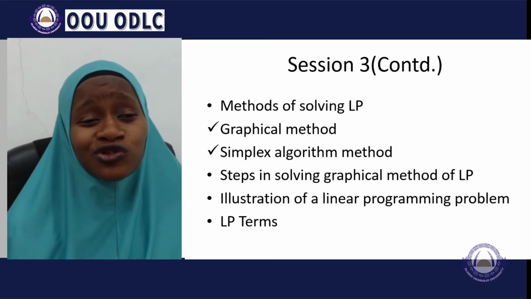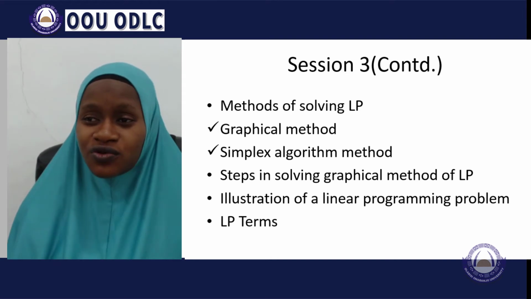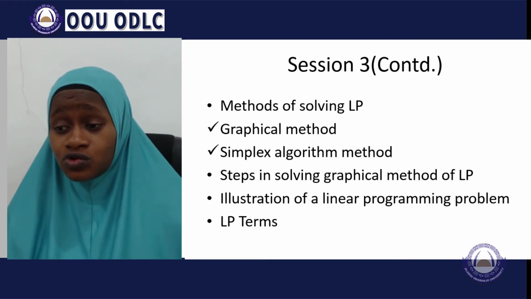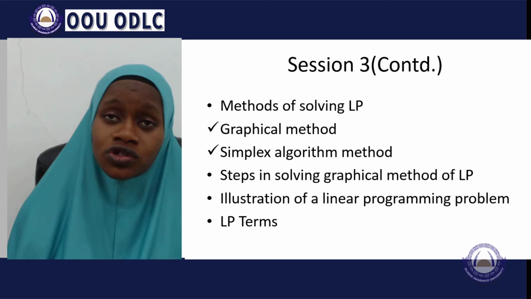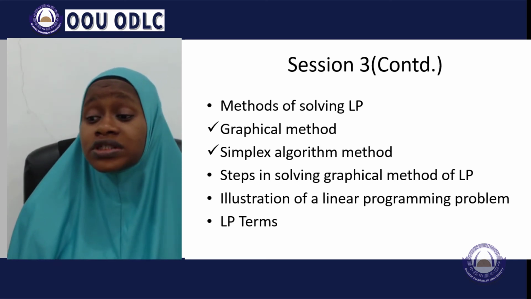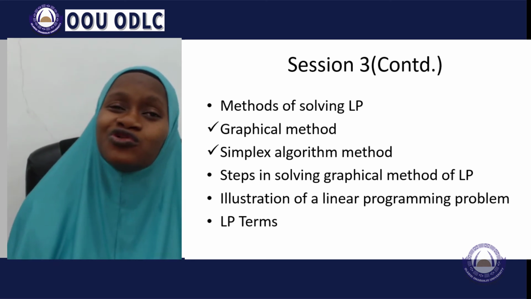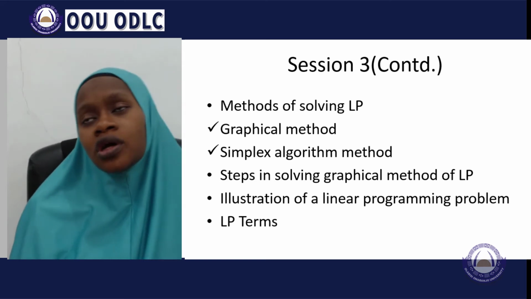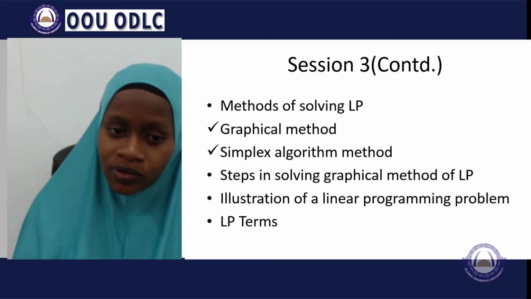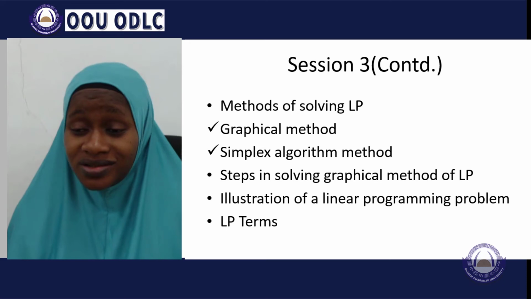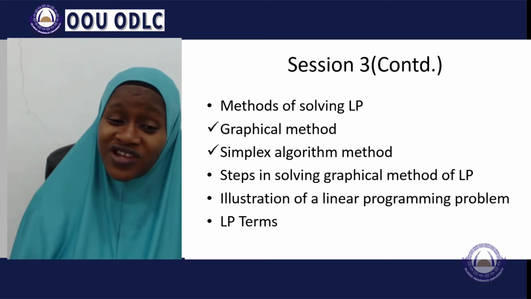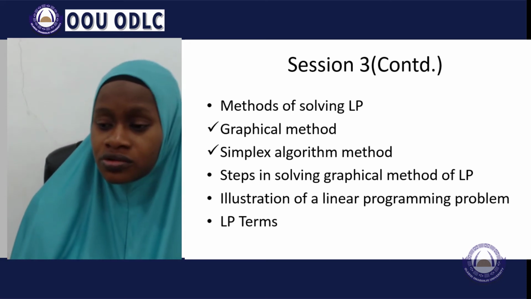So the producer cannot use above 12 hours of labor, 12 hours of machine for constraint 1, while for the second one it is 8. So the producer cannot use above or beyond 8 hours of labor. That's simply the explanation of that formulation.